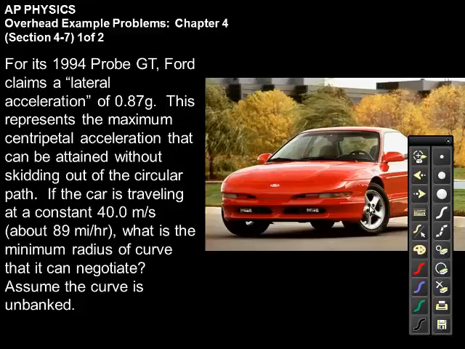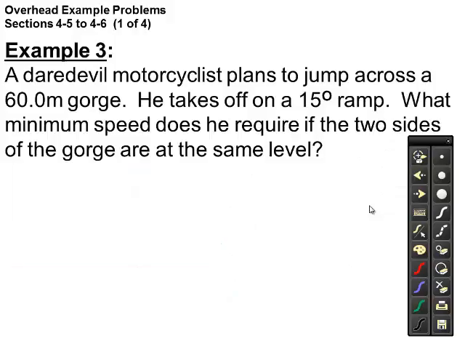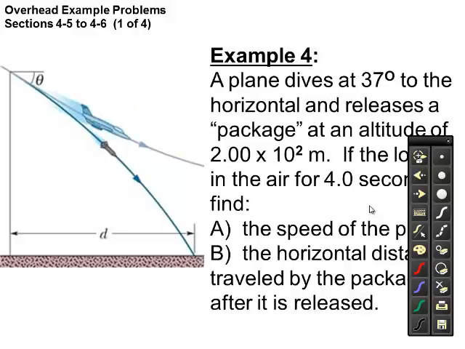Wait, was that the last one? That may have been the last one. Hey, Evelyn. That's right. We had the Daredevil, which was different, and then we had this one, which was different. Okay, so those are our 4 examples. My apologies. Okay, next thing in this little chapter. There we go. Uniform circular motion. So it's kind of like part 3. Part 1 was motion in 2 and 3D.